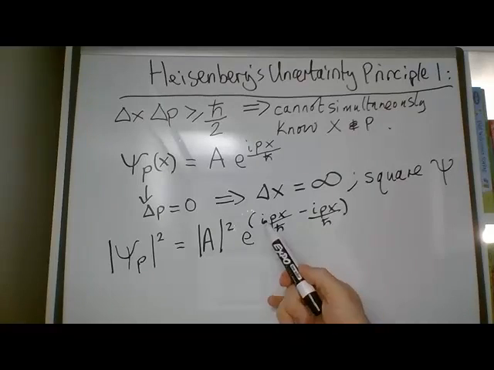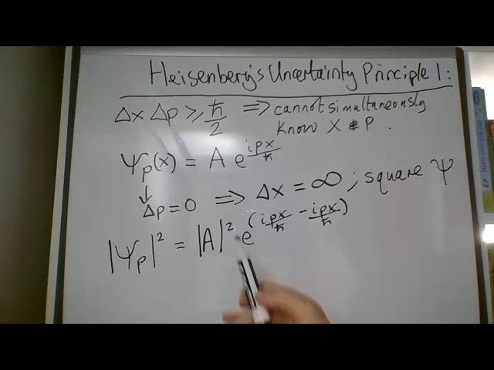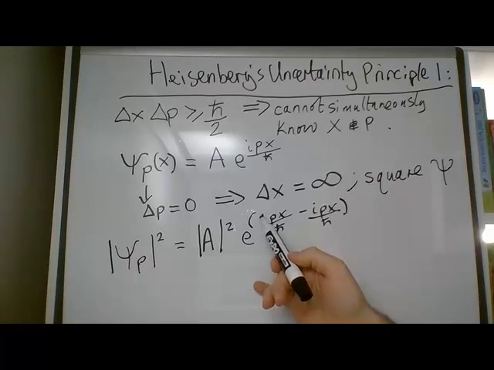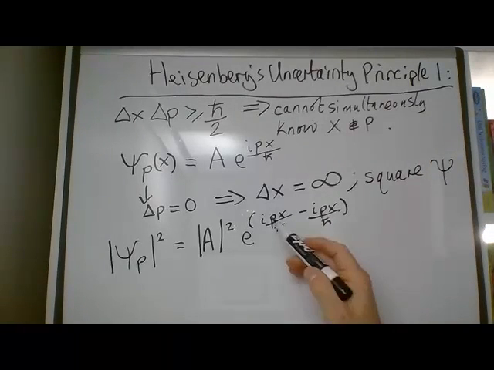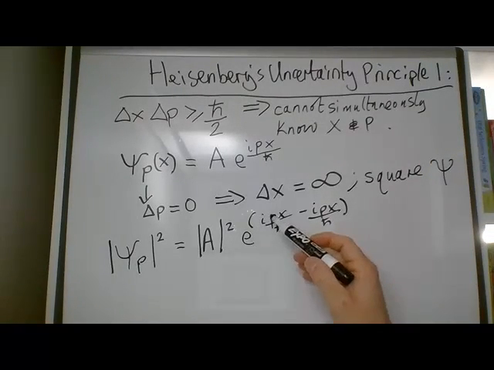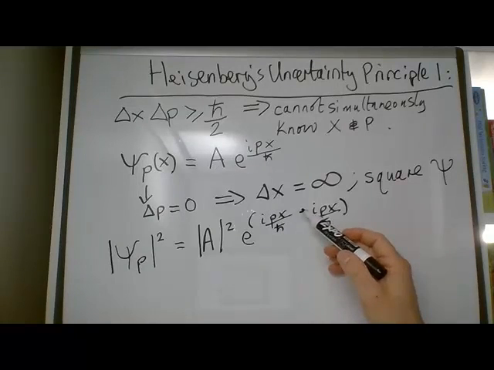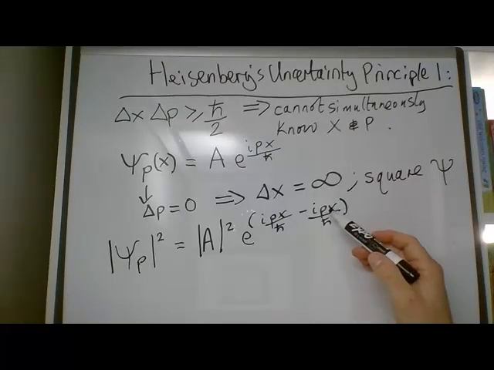If you're not too familiar with i's and imaginary numbers, to be honest, it's not that important at this level in chemistry. But when we square them, one of the i's will have a plus value and one of the i's will have a negative value. So we've got an exponential with one variable minus another variable.